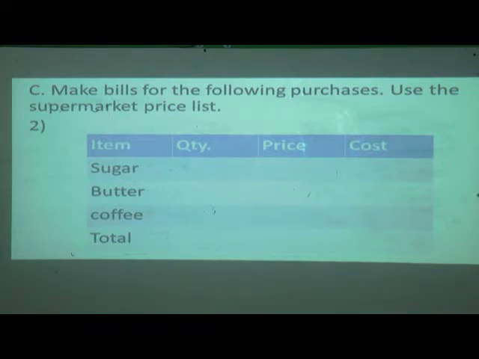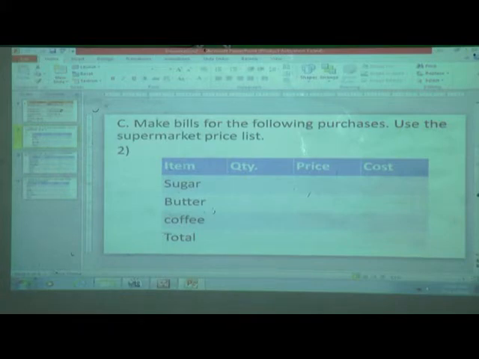So we have to make the list. For that we need to calculate all the prices. Now see, question number C, second one.